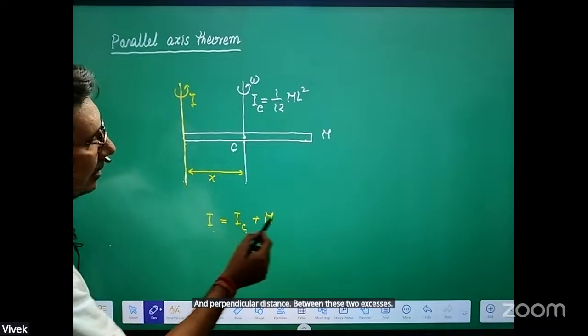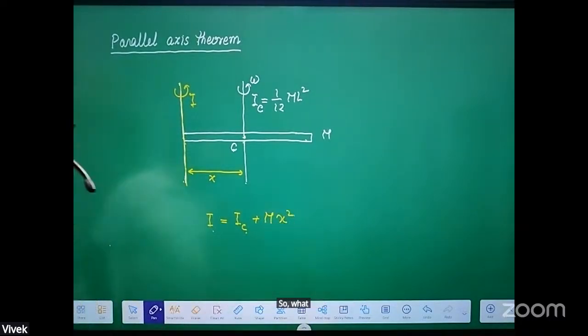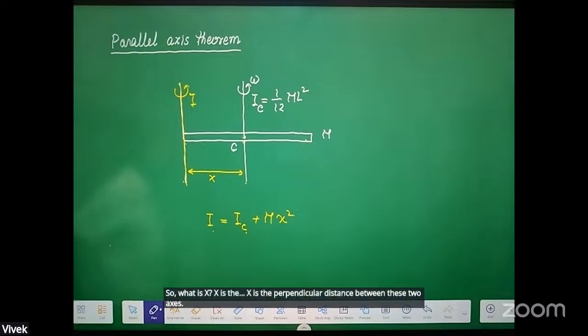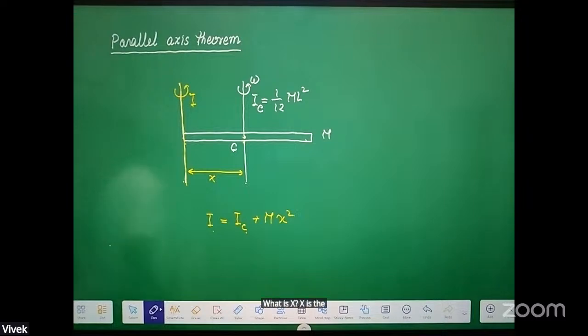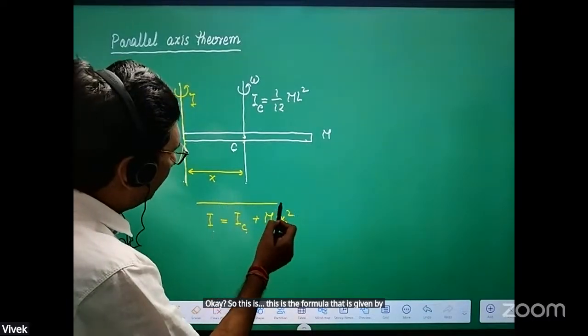Suppose this distance is X, so this will be mx square. X is the perpendicular distance between the two axes. This is the formula given by the parallel axis theorem.